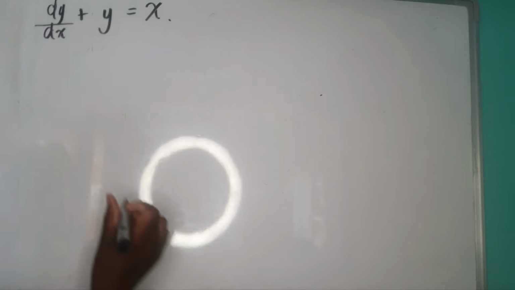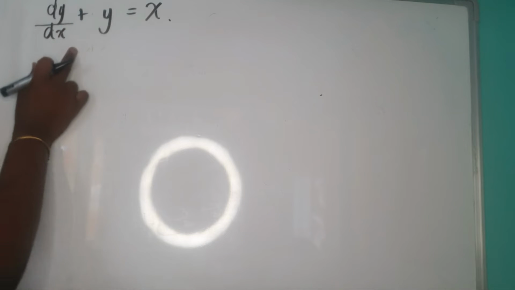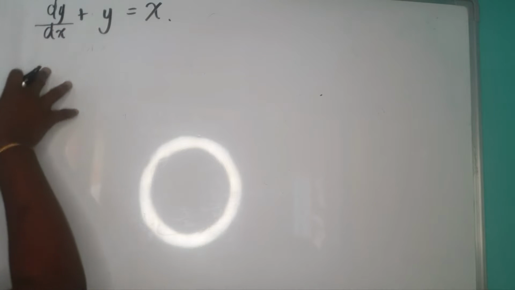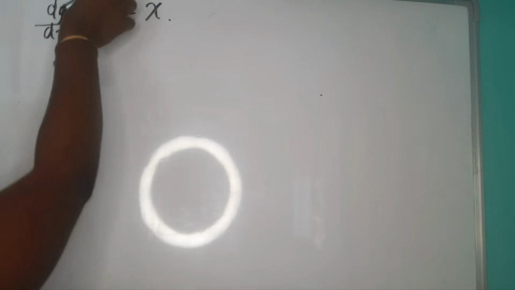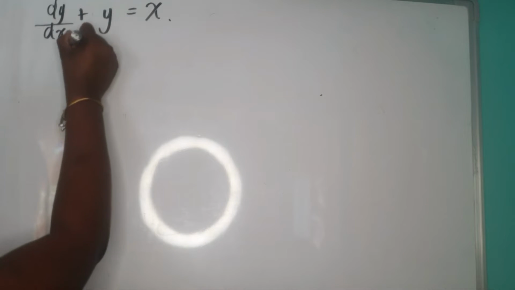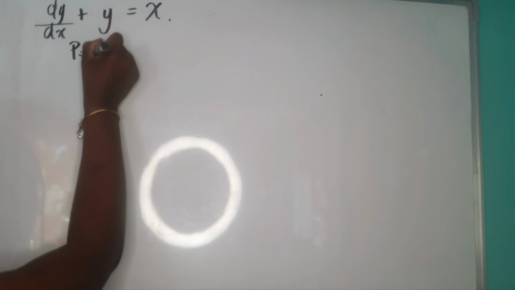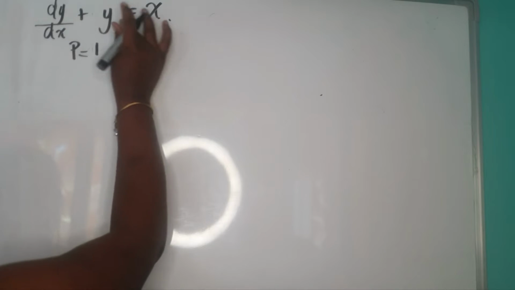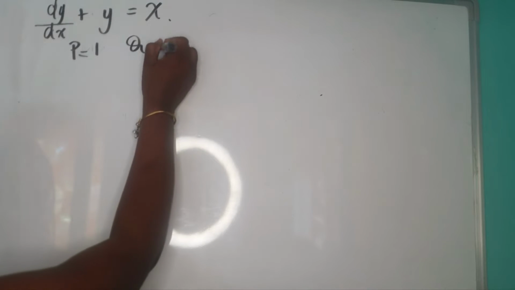First thing, we need to see if it is in the form dy/dx plus py equals q and identify our values of p and q. The coefficient of dy/dx here is 1, so this part is fine. Py would be here. That means p is equal to 1, and q, over the equal sign, is equal to x.